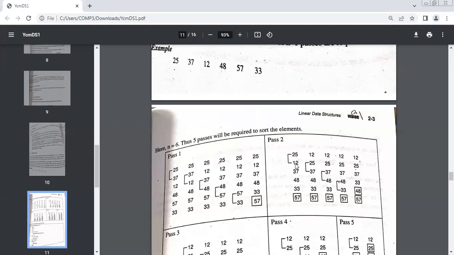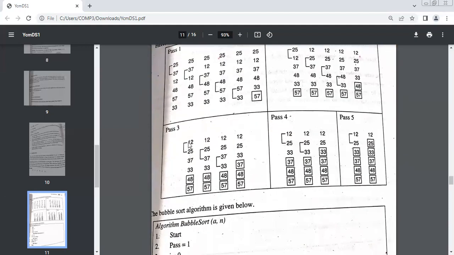Then compare the next pair of elements. Again if there is any change or swapping, perform that swapping. If no, keep those numbers as they are. Perform these iterations until the second last element is reached. Okay, in second pass we got the second highest number.